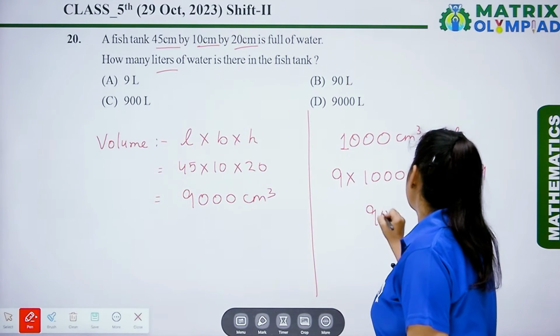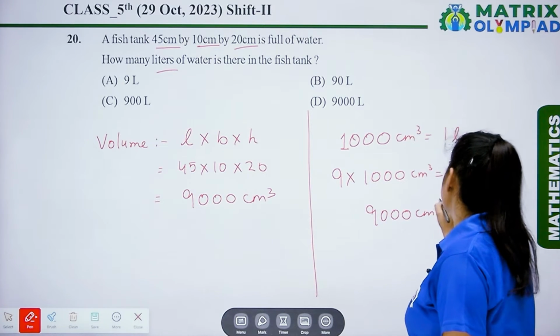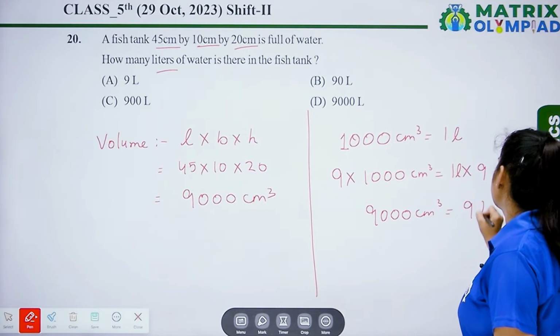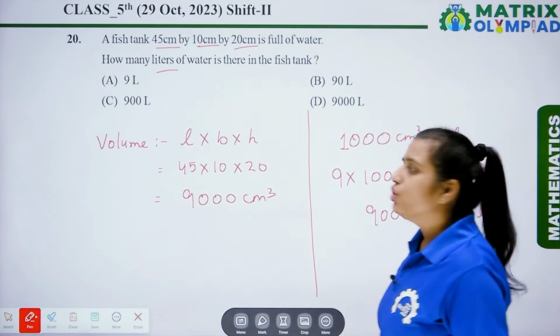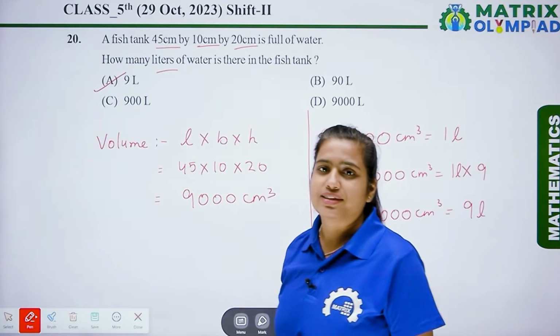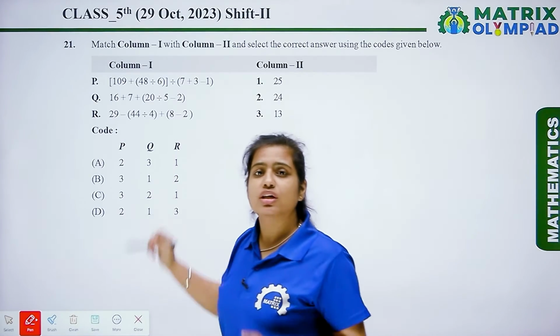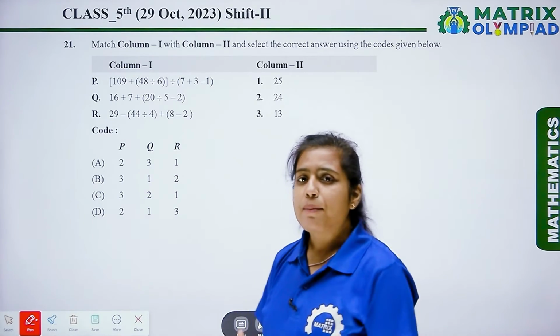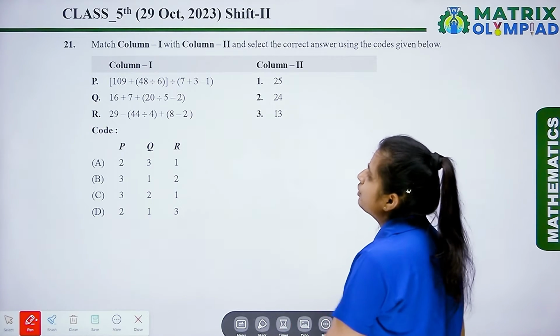Here we get 9000 centimeter cube equal to 9 liter. So we can say that option A is the correct answer. So let's solve the column 1 and then match the answer with column 2.